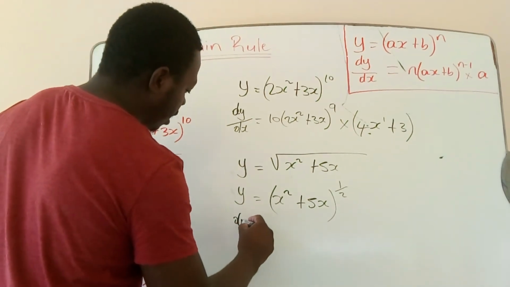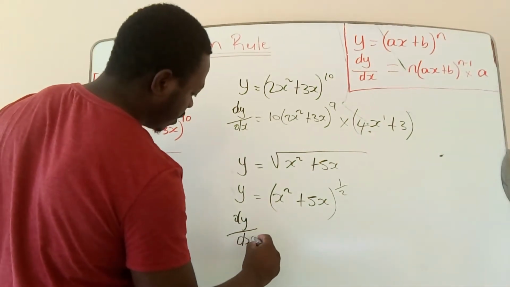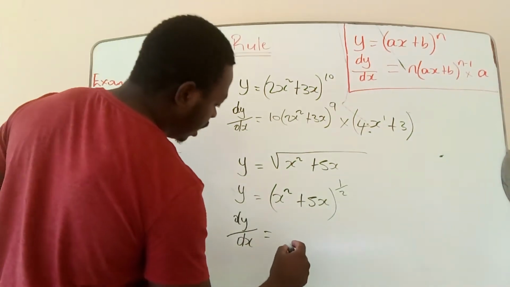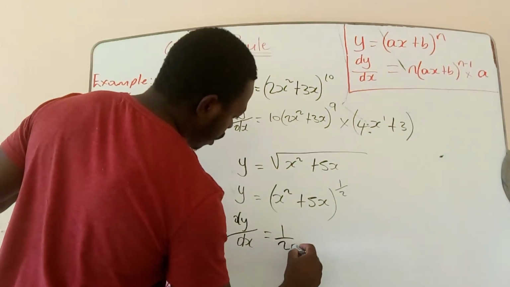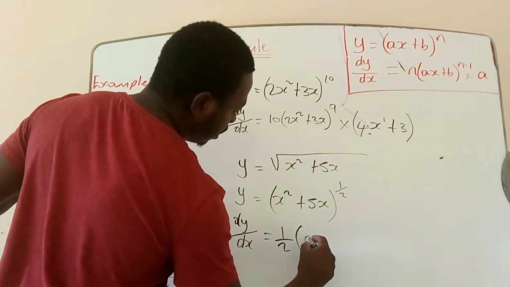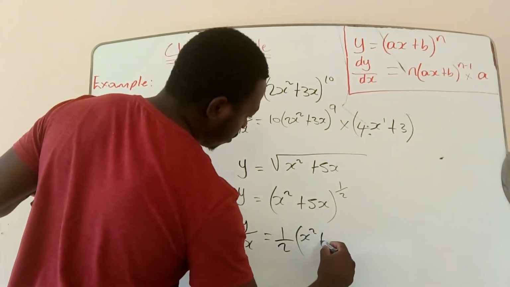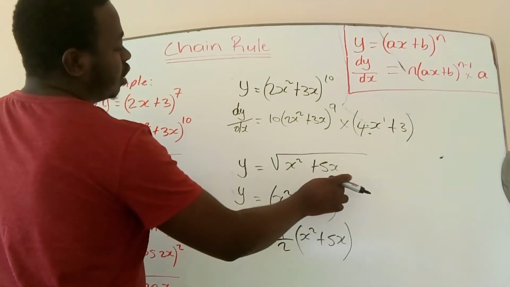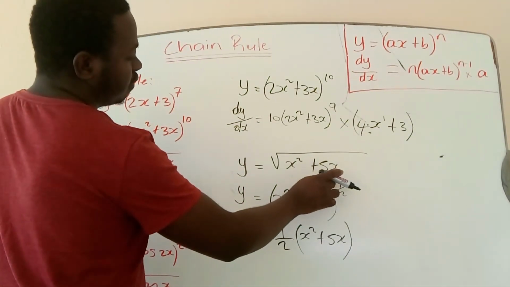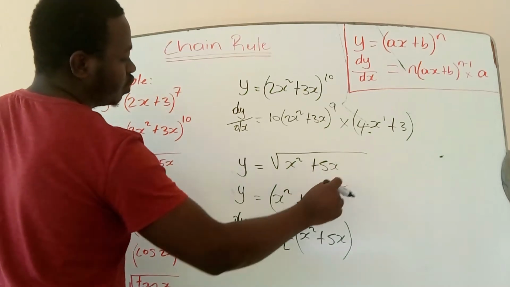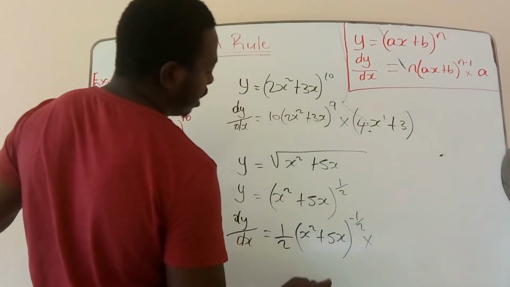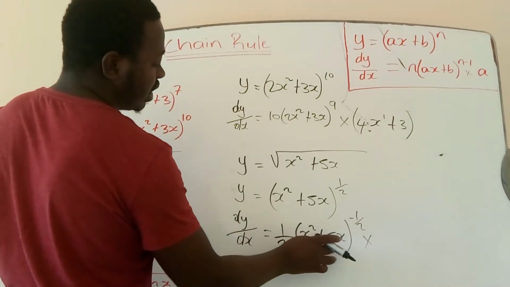So dy/dx is equal to, take the power to multiply the entire function, so it is a half, multiplied by the entire function, which is (x² + 5x), all of that raised to the half minus 1, so half minus 1 gives you minus a half, multiplied by the derivative of the inside of the bracket.